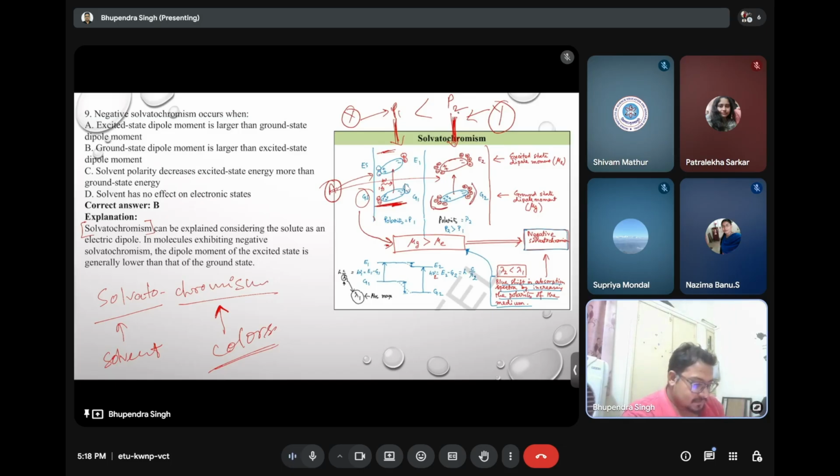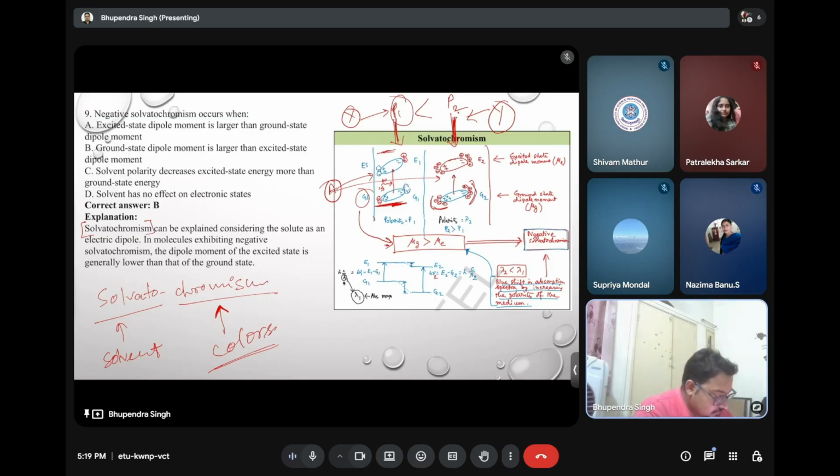But in the case of the P1 solvent, the polarity is less, so it will not stabilize that much compared to P2, because only two negative and two positive will be there.